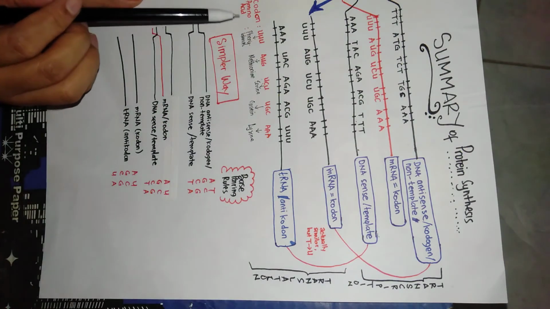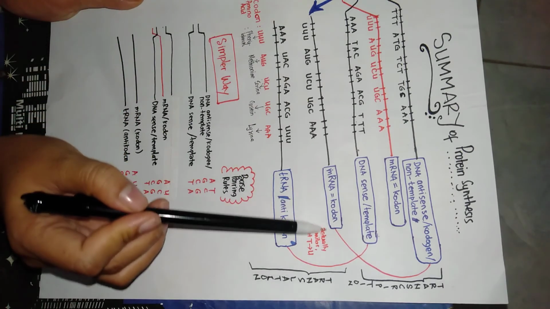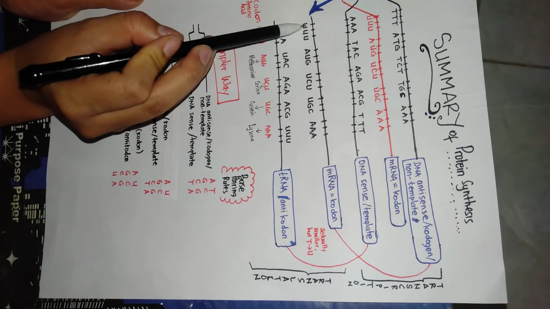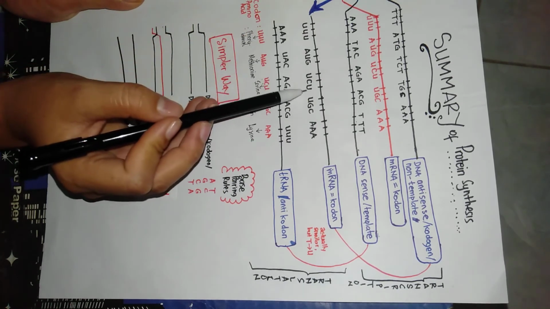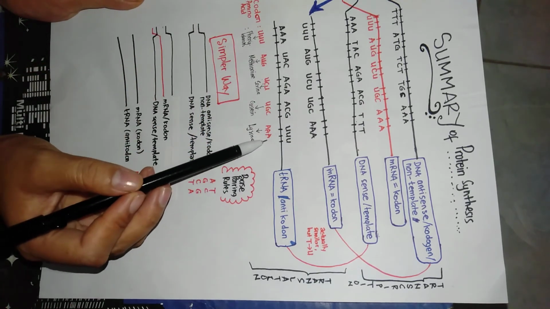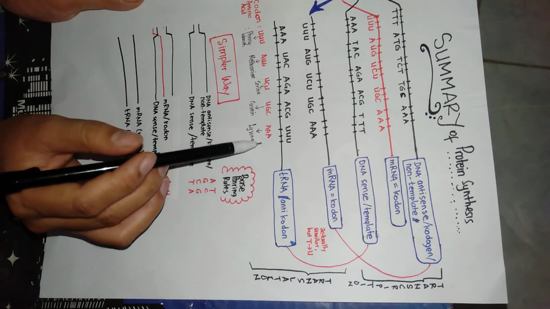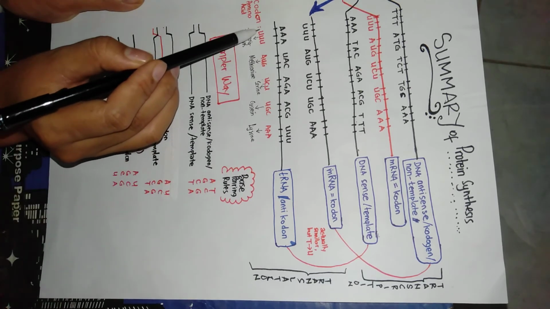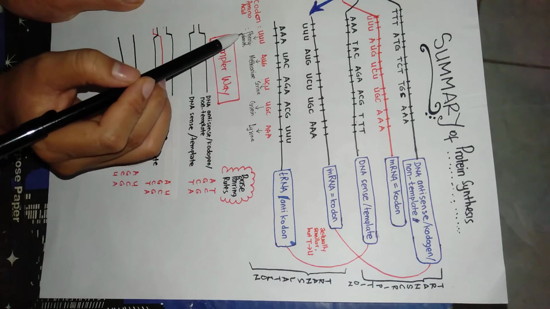So let's see the codon. Move this one: UUU, AUG, UCU, UGC, AAA. Move it here to make it easier to translate the triplets of base sequence into amino acids.